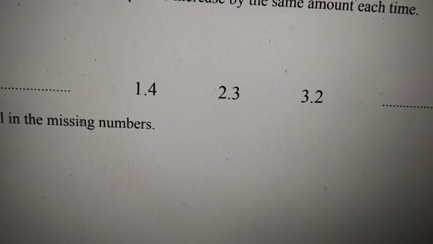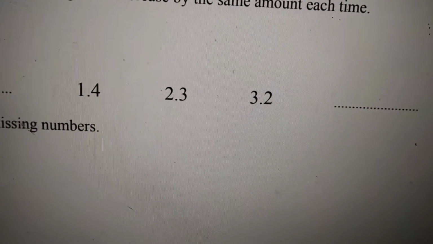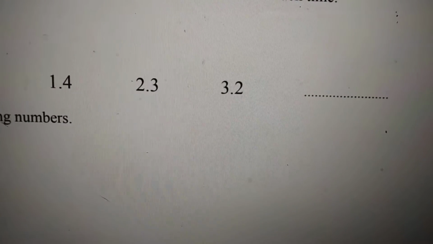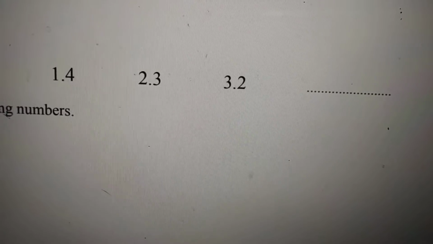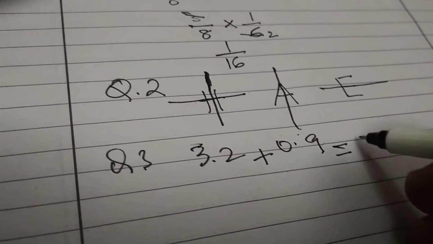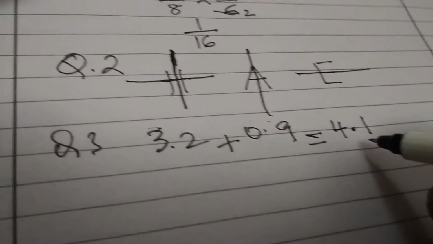And from 2.3 to 3.2, again there is a difference of 0.9. So obviously the next term will also have the same difference. So we add 0.9 to 3.2, and we get 4.1, this is your answer.